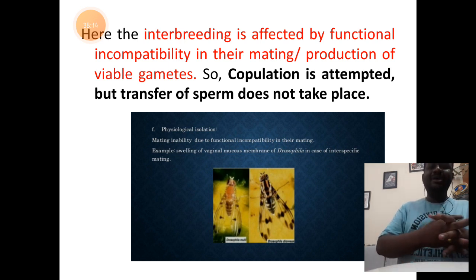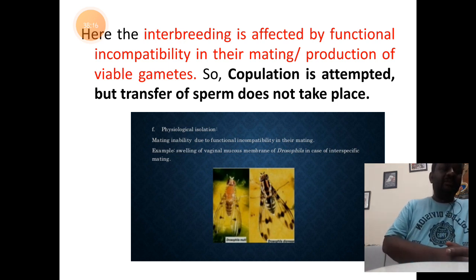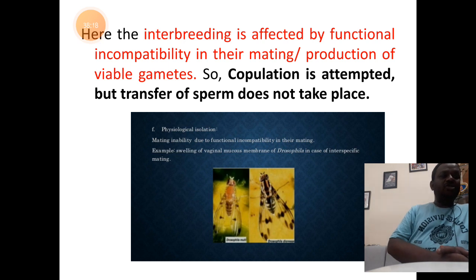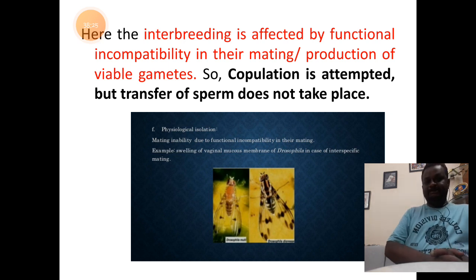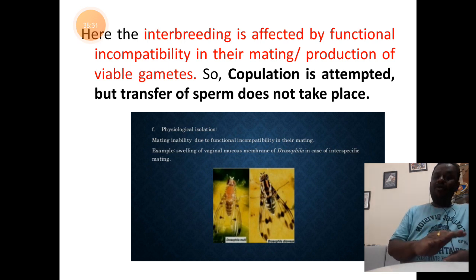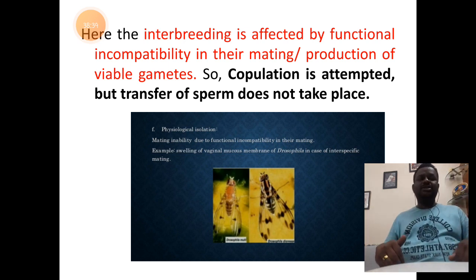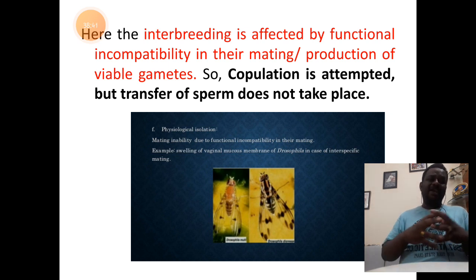No successful mating. Here copulation may occur, but the sperms will not be transferred. Copulation is attempted, but transfer of sperms doesn't take place. Why is that? It is due to physiological change in the body.